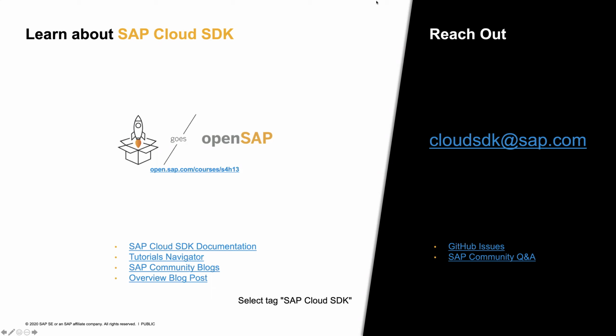And if you are already using the Cloud SDK or have a very specific question, then opening a GitHub issue might be the most interesting for you, because then your issue will be immediately visible to the team. So this would be the fastest way to reach the team. And for more general things, of course, you can use any channels listed here.